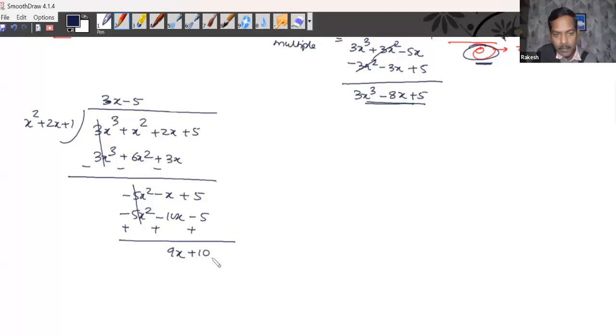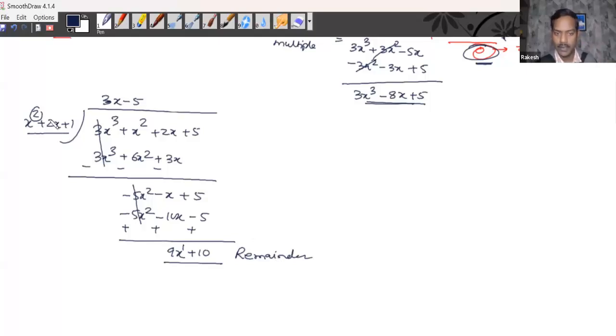When we stop, that simply means that whatever is left becomes the remainder, right? That becomes the remainder. And you can observe the degree of the divisor is 2 and the degree of the remainder is 1. So the degree of the remainder will always be less than the degree of the divisor.